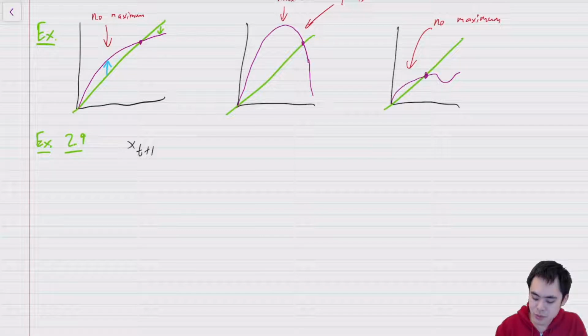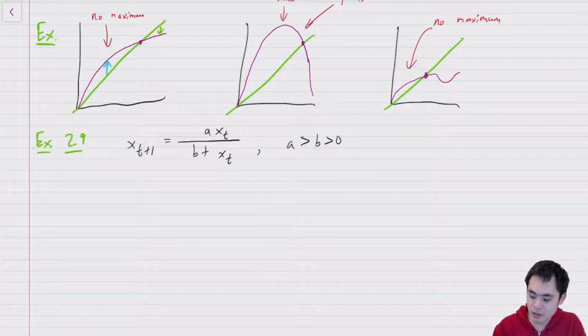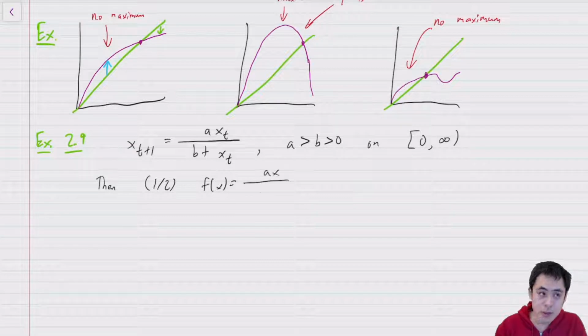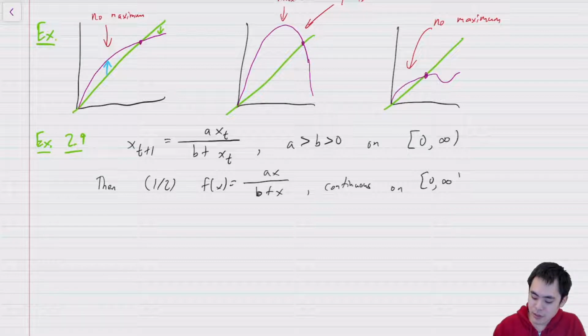So if x sub t plus 1 is equal to a x sub t over b plus x sub t, where a is greater than b is greater than 0 on the positive real line, well, then let's check all the conditions. So conditions 1 and 2: f of x is equal to ax over b plus x, which is continuous on 0, infinity.